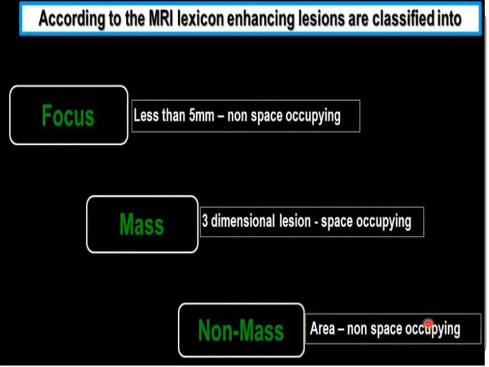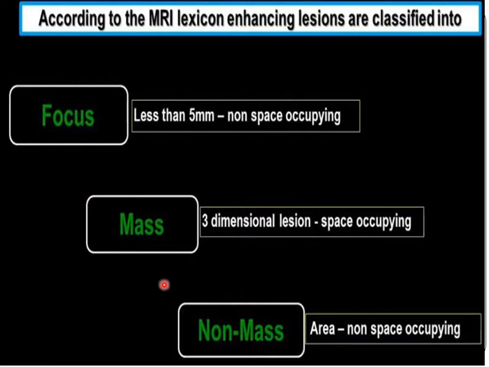According to the MRI lexicon, enhancing lesions are classified into what? If you have an abnormal enhancement, apart from the background parenchymal enhancement, you will have a focus, which is less than 5 mm in diameter and is a non-space occupying lesion.